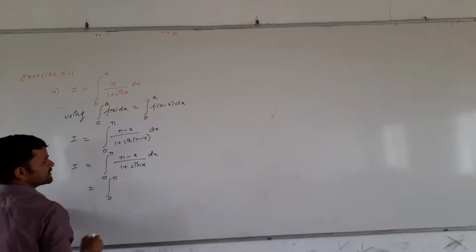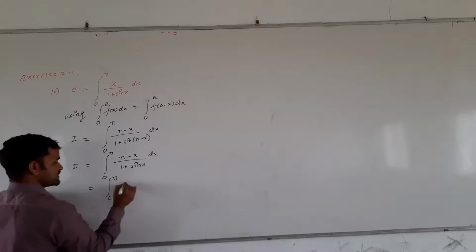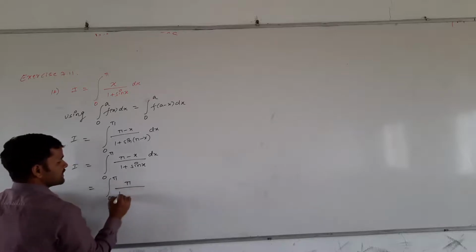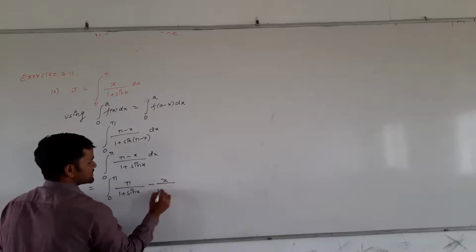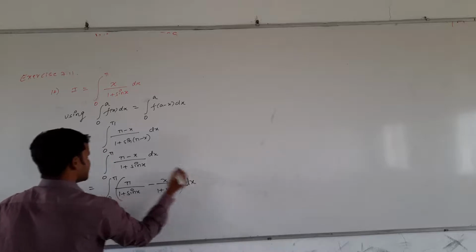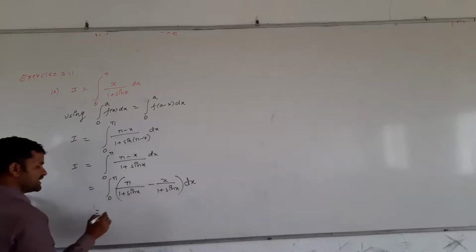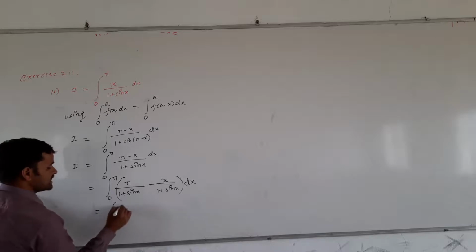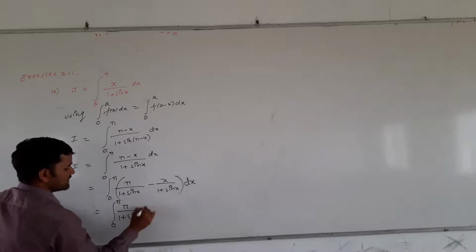Integrating from 0 to pi, here we will write it as sum of two functions. First function is pi by 1 plus sin x, second function is minus x by 1 plus sin x. Now we can write it as sum of two integrals. First integral is integration of pi by 1 plus sin x from 0 to pi into dx.